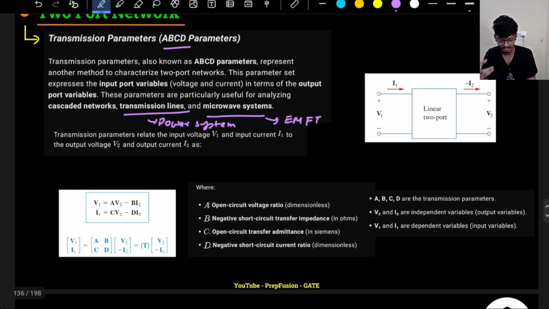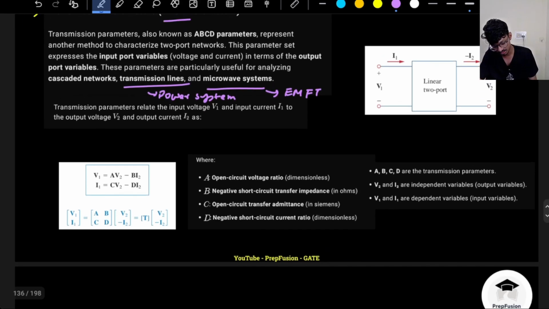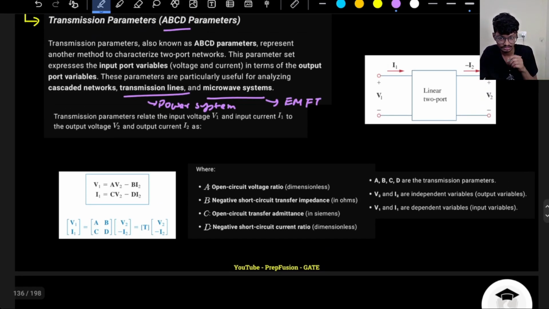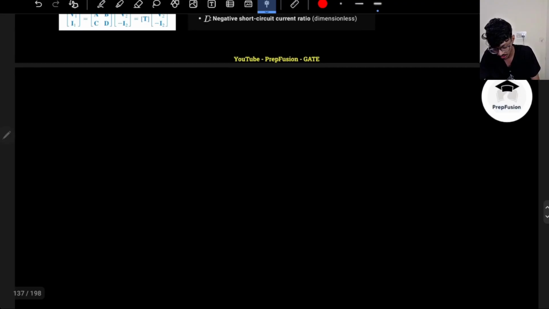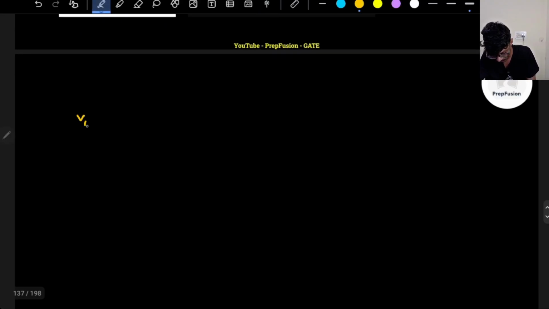Now, what are transmission parameters? They are used to characterize transmission lines where I express my input port variables in terms of output port variables. What are my input port variables? That is V1 and I1. And what are my output port variables?